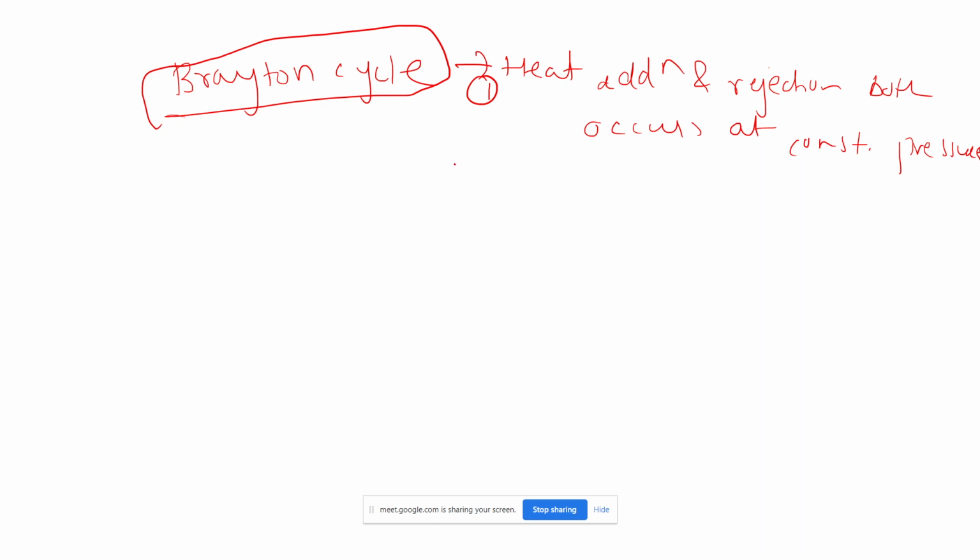That's why we call it a Brayton cycle. Also, it consists of two isentropic processes, one compression and one expansion. So it consists of two isentropic and two constant pressure processes. Is it okay for you?